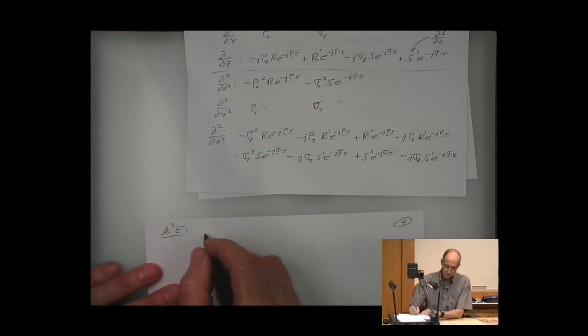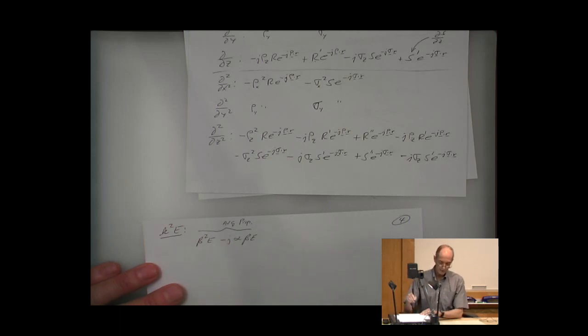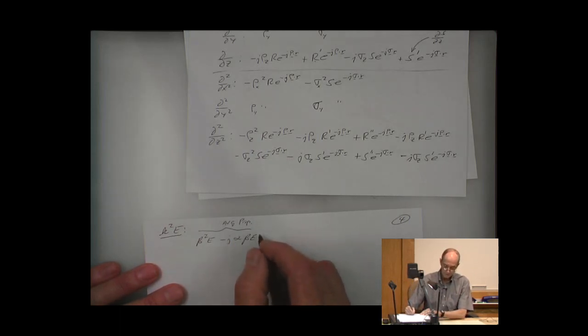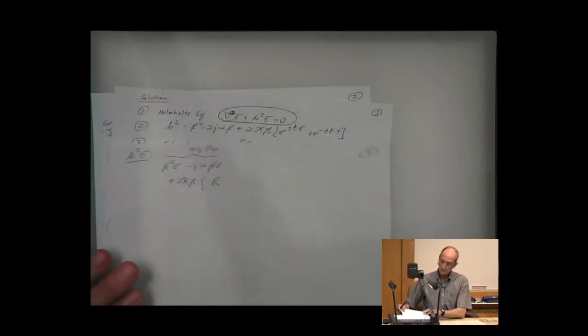So this is going to be equal to beta squared E minus j alpha beta E. So again, this is just the average propagation terms. And then we have the interesting stuff here. So now we have plus 2 times kappa beta times r. And then, let's go up here and look at that.